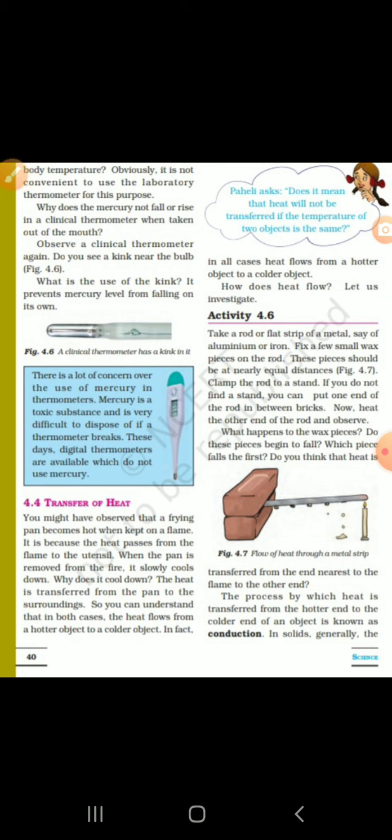Why does the mercury not fall or rise in a clinical thermometer when taken out of the mouth? This will not happen with the clinical thermometer. The mercury level will not fall or rise when you take it out from the mouth, because there is a kink found in the clinical thermometer.